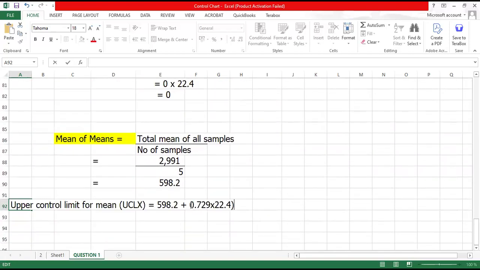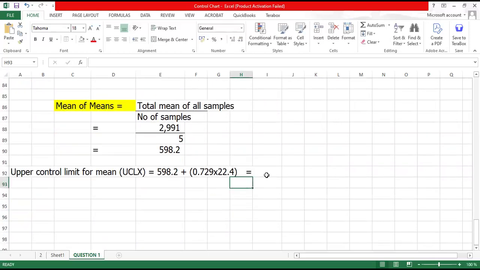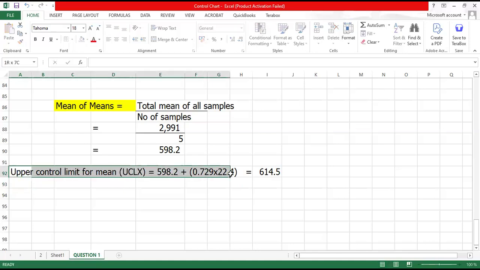It's good to put these in a bracket so that you don't make an error. So on your calculator, what do you get? 614.53. Then you do the same for the lower limit. For the lower limit, I just copy everything and change some things.